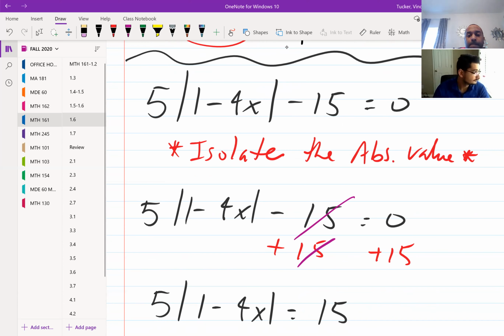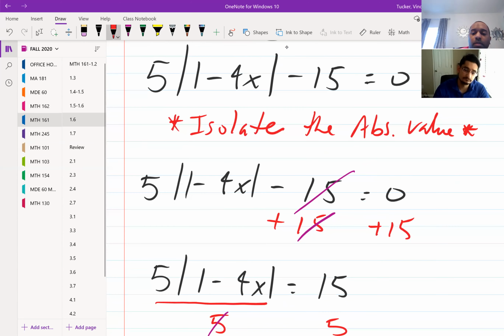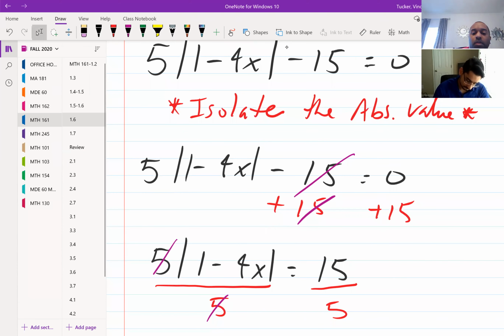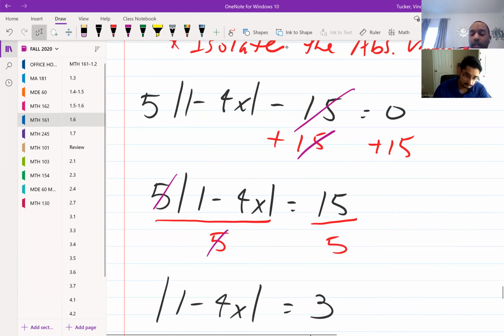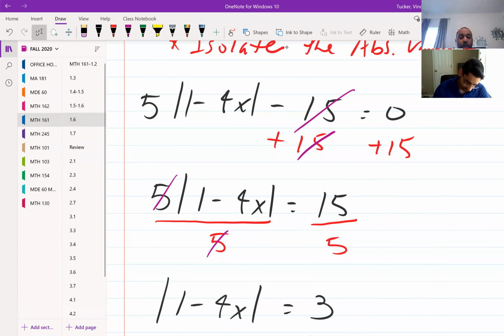All right. Divide by 5. And that'll leave us with the absolute value of 1 minus 4x equal to 3.